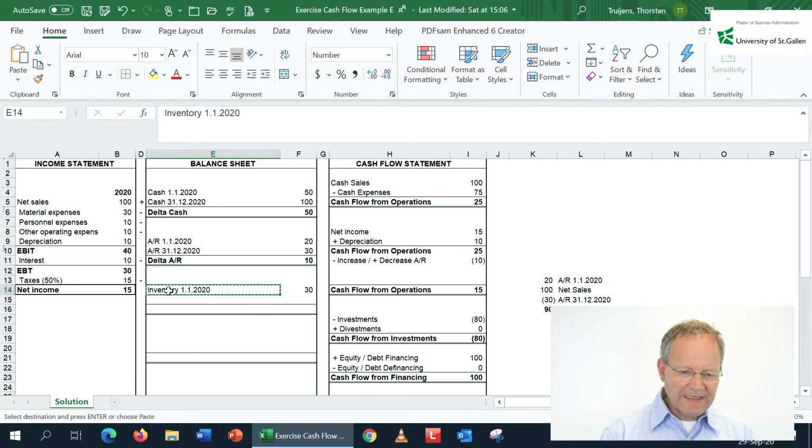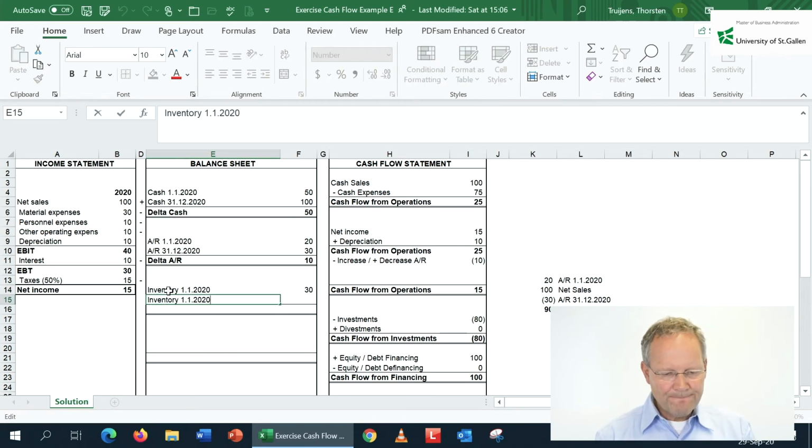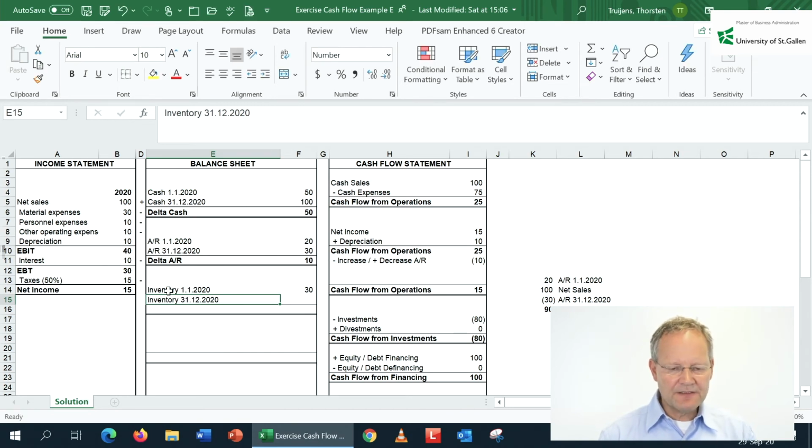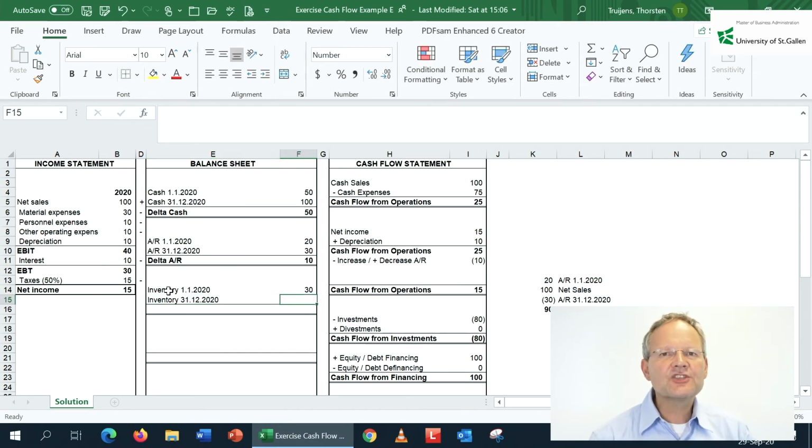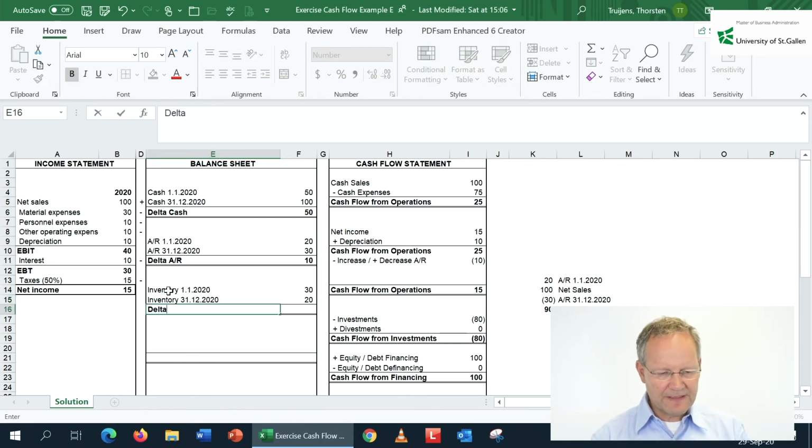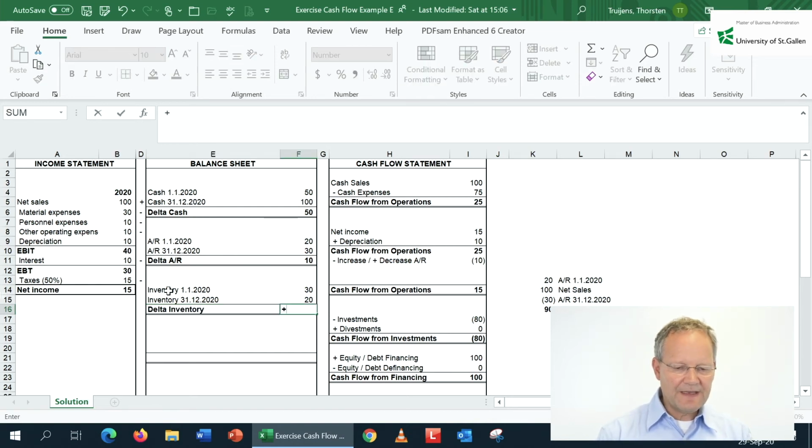Now, at year end, we had in the meantime hired McKinsey and they have done a supply chain management project for us. What does that mean? They have brought down the inventory to 20 euros. So we have a delta in inventory of 10.